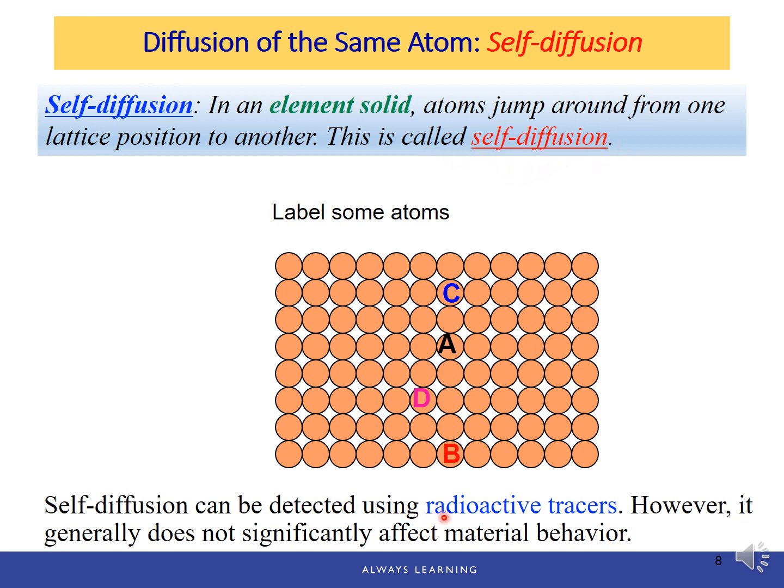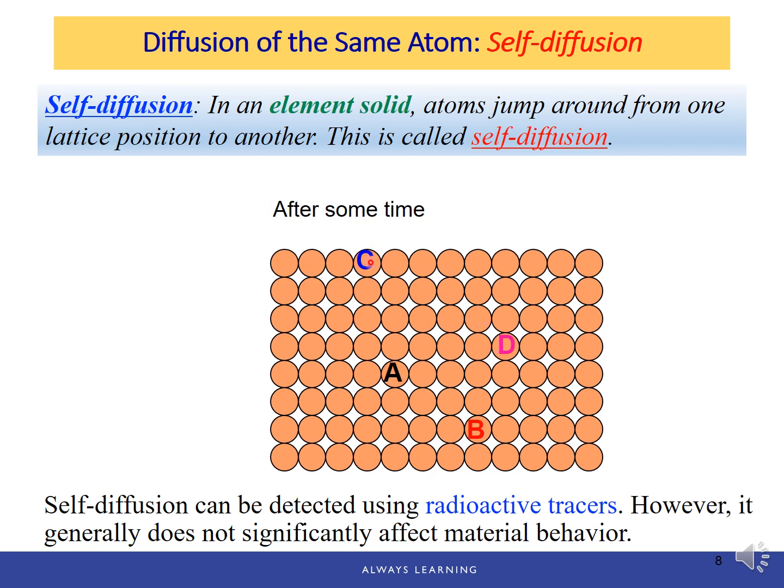Self-diffusion can be detected using radioactive tracers, where we can label some atoms, and after a period of time, when we check those labeled atoms, they are no longer at their original spot, but have moved to other positions. This generally does not significantly affect material behavior, but we should know atoms do move around from one lattice position to another.